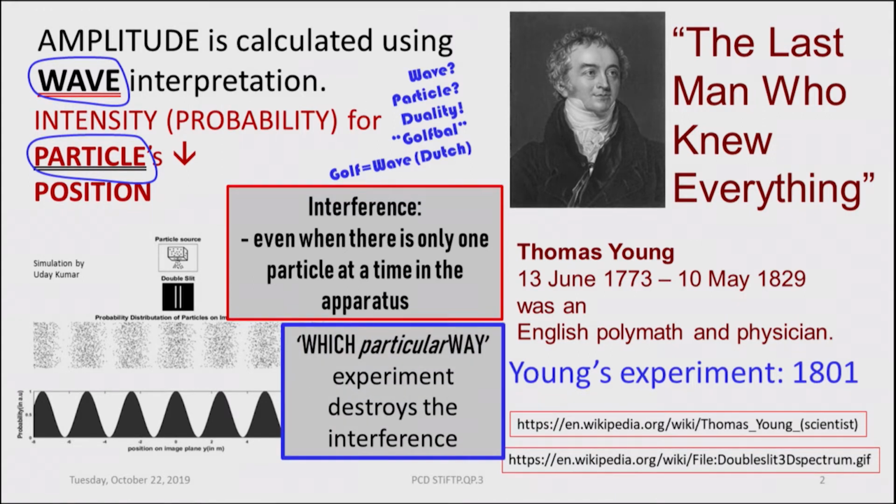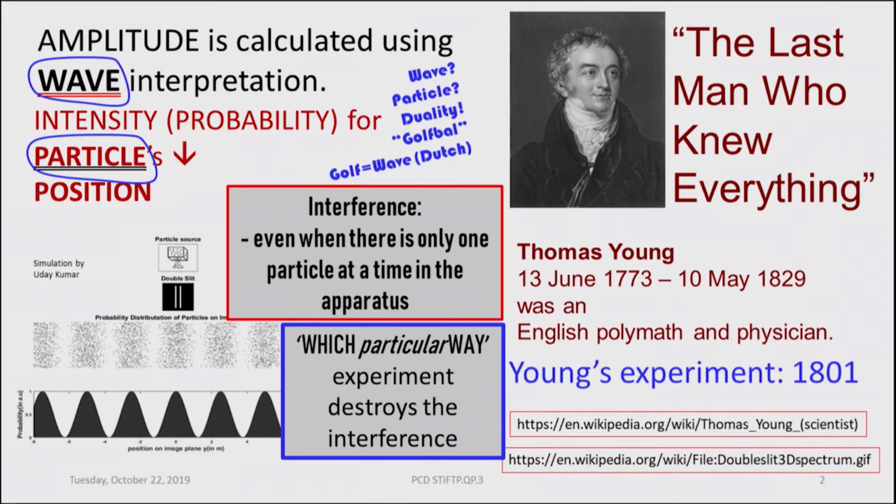And then if you perform a which way experiment, if you try to find out from which particular slit the particle has gone, then the interference disappears. So when you perform an experiment in which you have some mechanism to know from which slit the particle has gone, and you can do it easily by simply putting a shutter on one, then you know that it has obviously not gone through this slit where you have the shutter, so it has gone through the other.